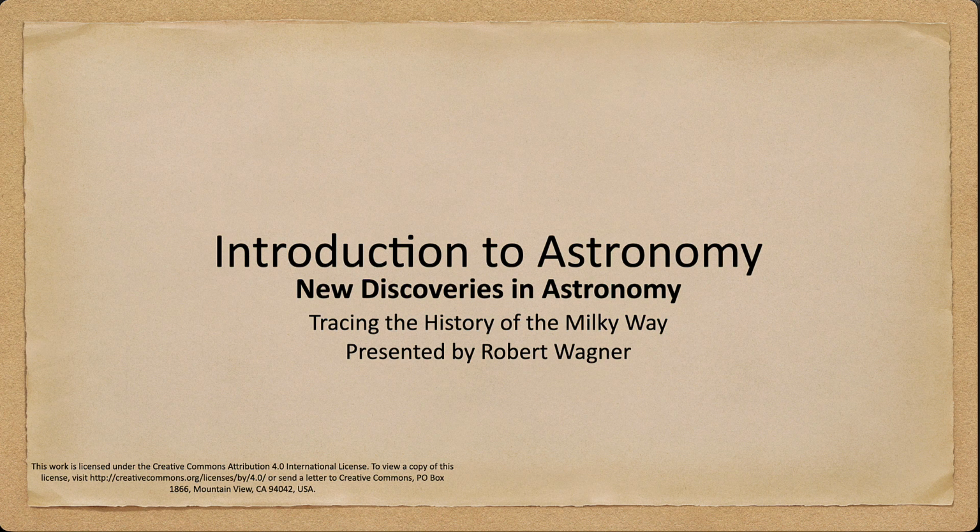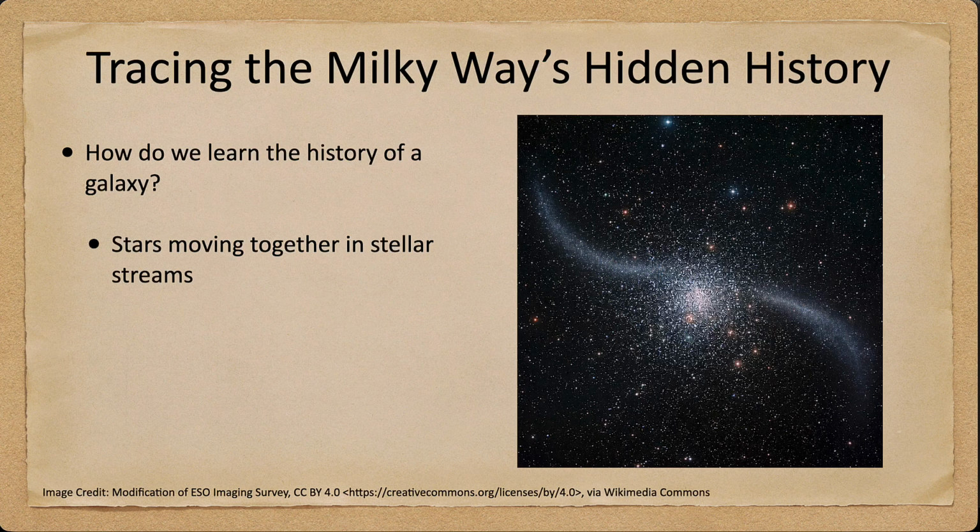In this episode of New Discoveries in Astronomy, we will talk about how we are tracing the history of the Milky Way. How do we uncover the history of our galaxy when its past is no longer directly visible? The Milky Way we see today is the result of billions of years of evolution, but much of that history is hidden.